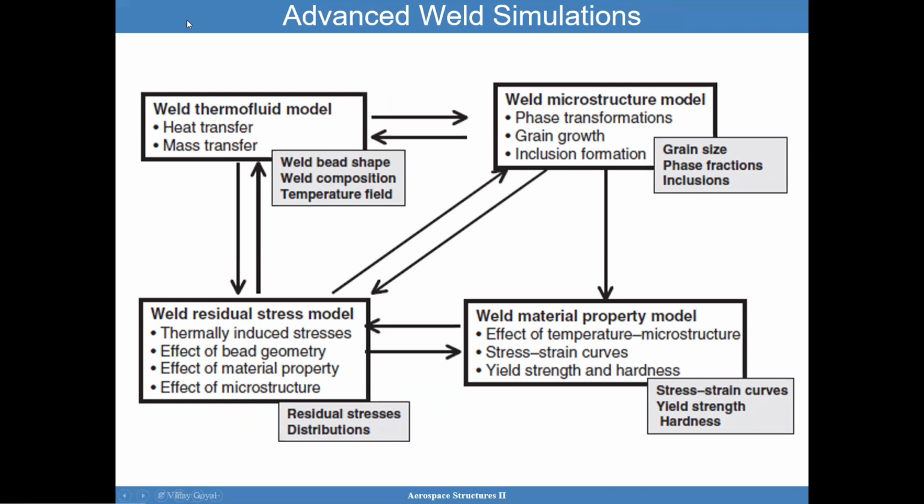Then you have a weld thermofluid model, which accounts for heat transfer and mass transfer. You have a weld residual stress model, which is going to incorporate these two areas, and then it's going to model the bead geometry, the material properties, the microstructure, and the thermally induced stresses.